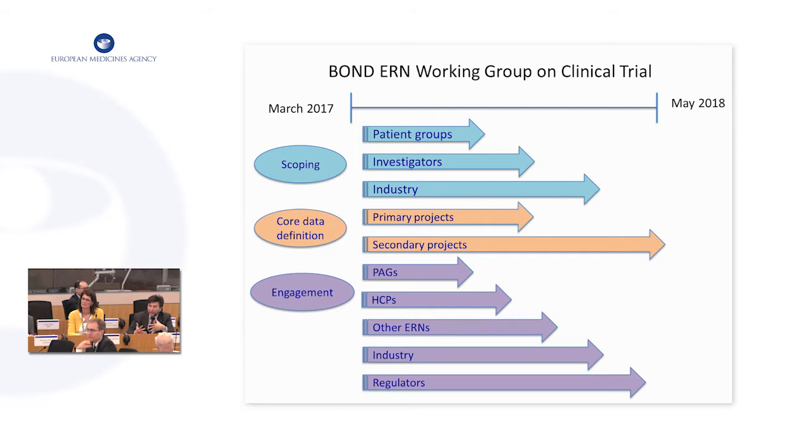Another point that is critical for us in this kind of definition is what are the core data that we need to clearly define and that we need to clearly collect. And as you have seen, we keep on going, and we will have some results hopefully by May of this year. And then another point that we think is essential in order to collect all this kind of information. So again, it's an ongoing process. This is the methodology that we are using, to involve all the different stakeholders.